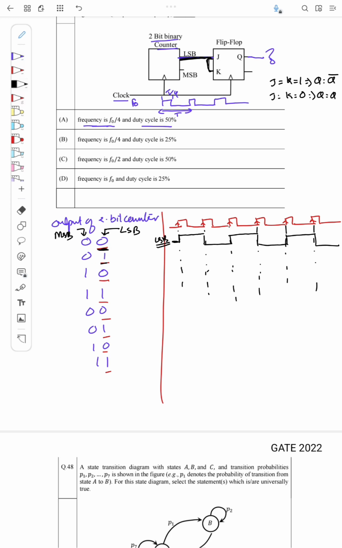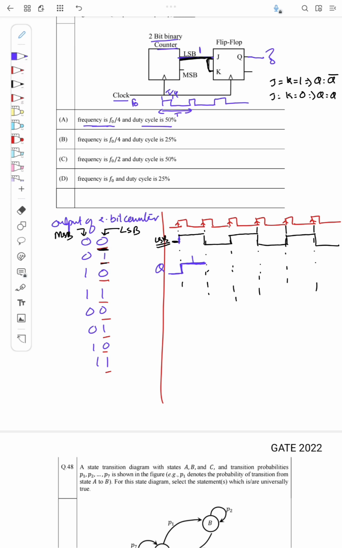So I will draw here. Initially it was 0. At this rising edge, what is the input here? Input here is actually 1 now. When at the rising edge the LSB is 1, the output Q will toggle. It will change to 1, so it will be high now.